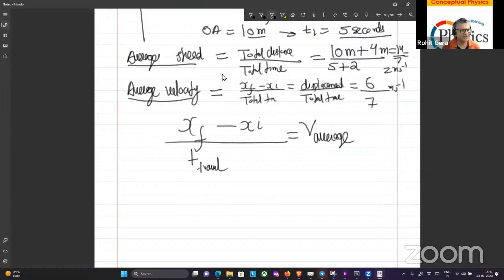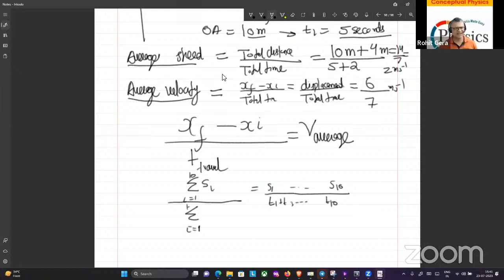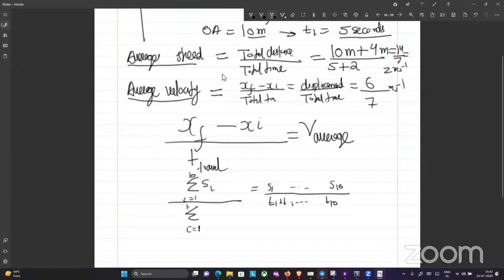But the speed only deals with the sum of all the distances, S1 till S10 if there are 10 distances, divided by respective time intervals. Way too different. One is just a number addition and normal average. The other is displacement.